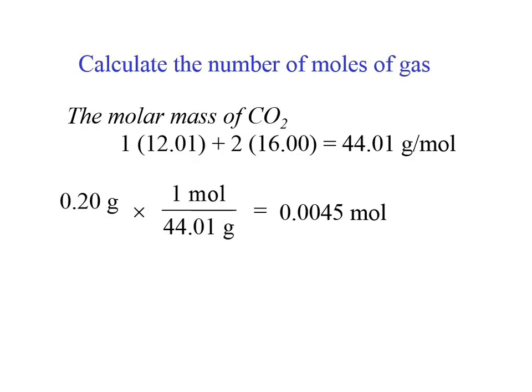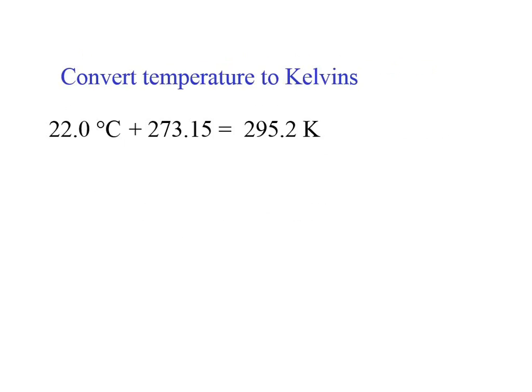A few other things to clean up before we plug into V equals nRT over P. So here's cleaning up our temperature. The temperature was in Celsius. And actually on your note card, or I guess you guys have a full sheet of paper, I take some pretty color cardstock paper and maybe print off a periodic table with the names.